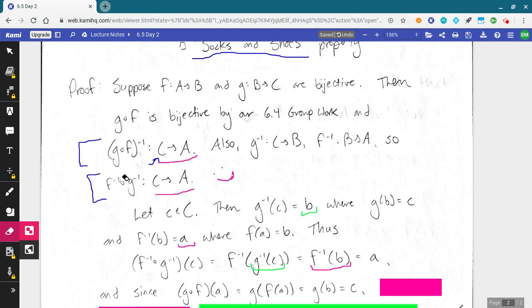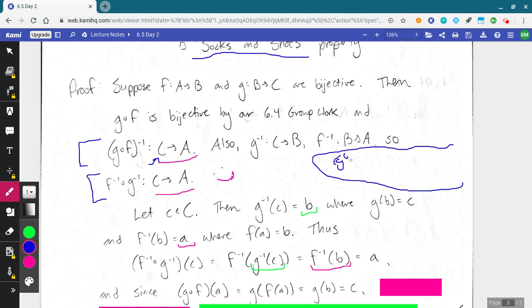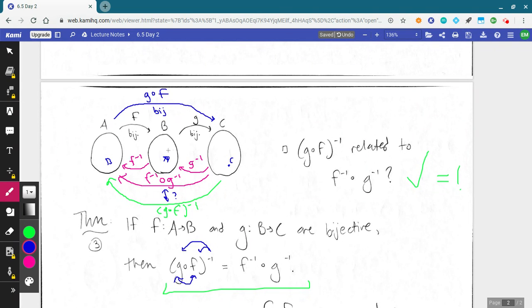If we want to see where G composed F inverse sends C, let me do it like this: G composed F inverse of C equals something, where G composed F of that something equals our C. If we go up to our diagram, once again we had our C here on the right, we sent it through G inverse, got our B, sent that to A. Well, what is G composed F going to send to C?